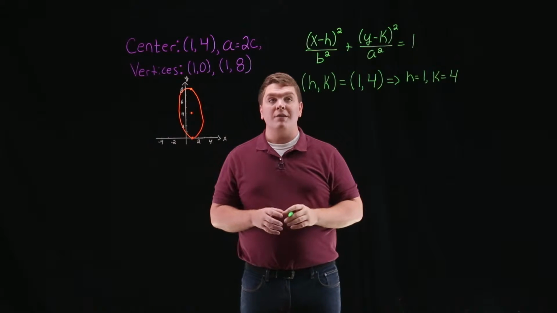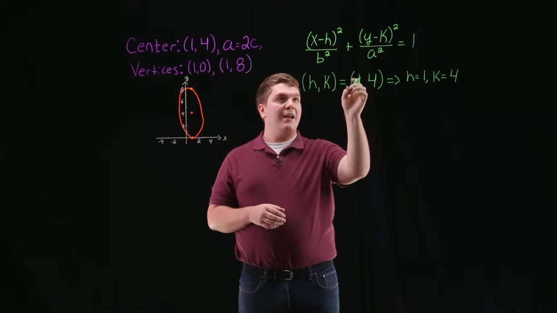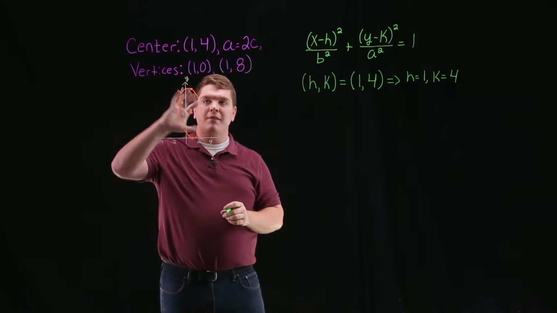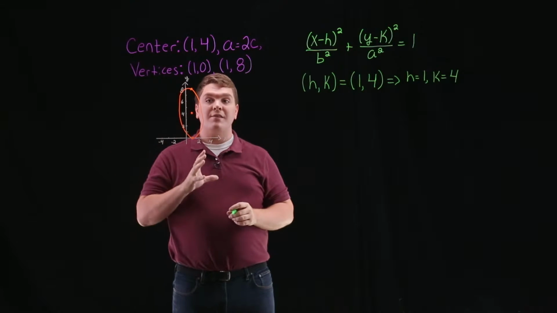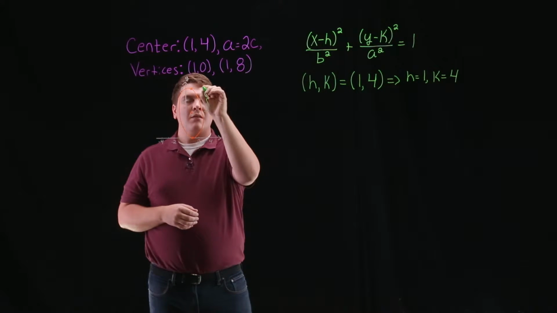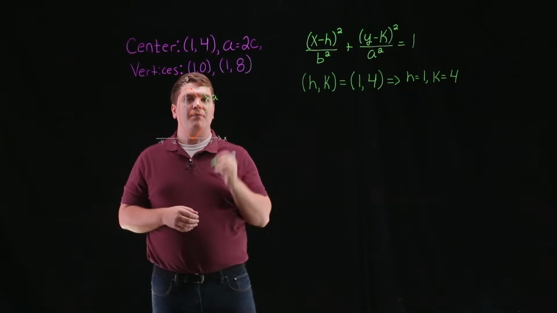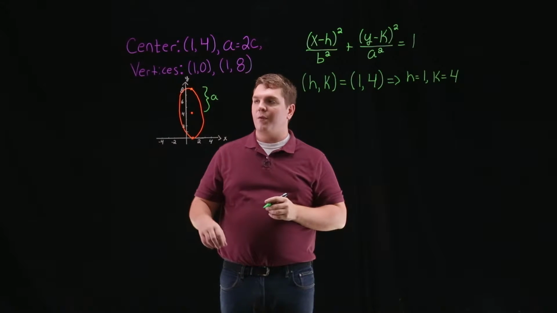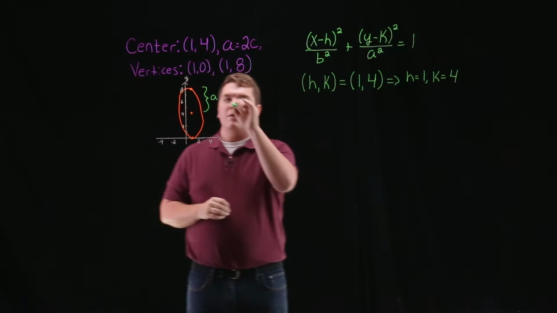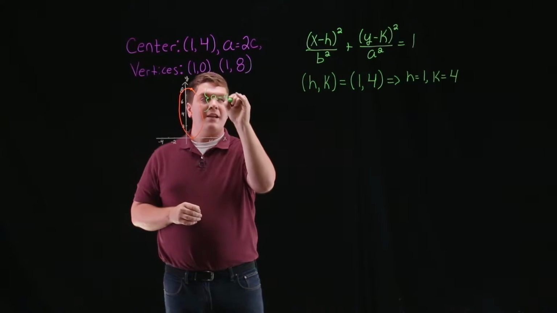Next, how can we find a or b? We know the length of the major axis is 2a, so half that length is a. Looking at this problem, half the length of the major axis is going to be 4, so a equals 4.